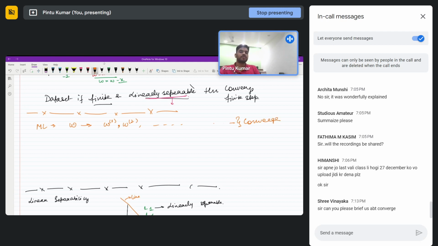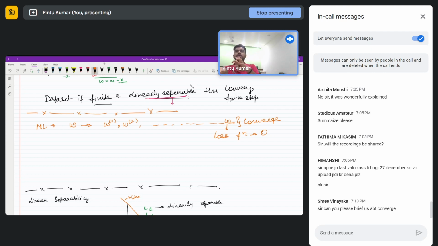In machine learning or deep learning, convergence can have two or three meanings. First is that for some particular W, your loss function has become 0. So the loss that you are making has become 0.